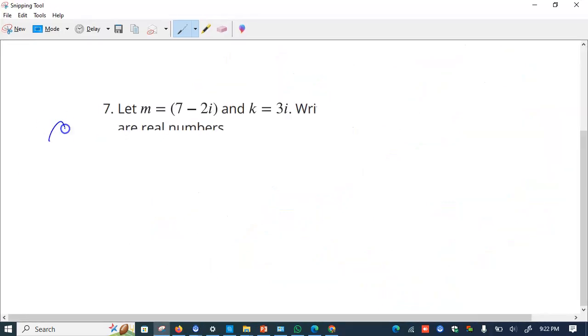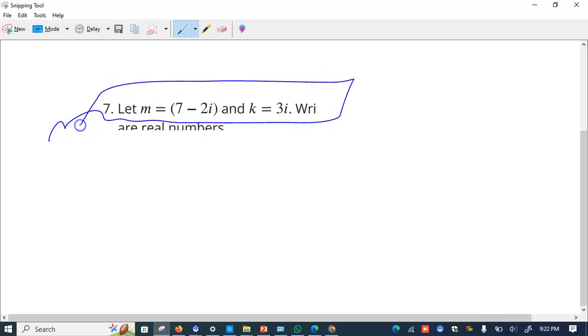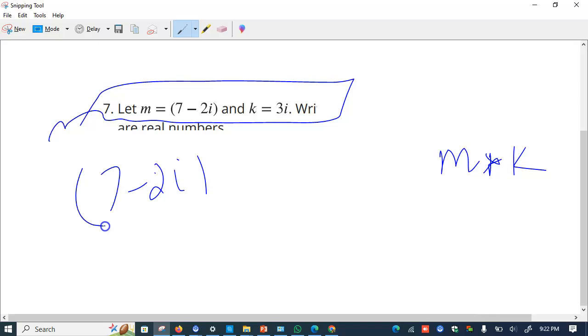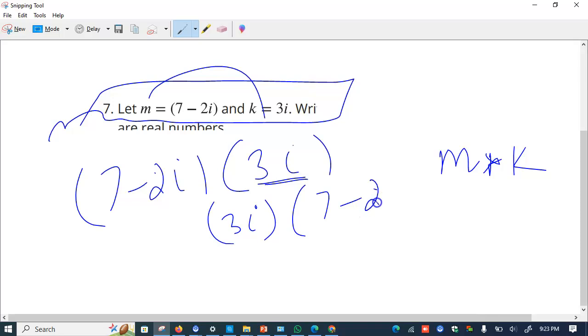Okay, so then comes this piece. The last question is asking for m times k. What does it mean? You're multiplying 7 minus 2i and 3i. So you just multiply these two pieces. This is 3i, and I can write it as 3i times (7 minus 2i).